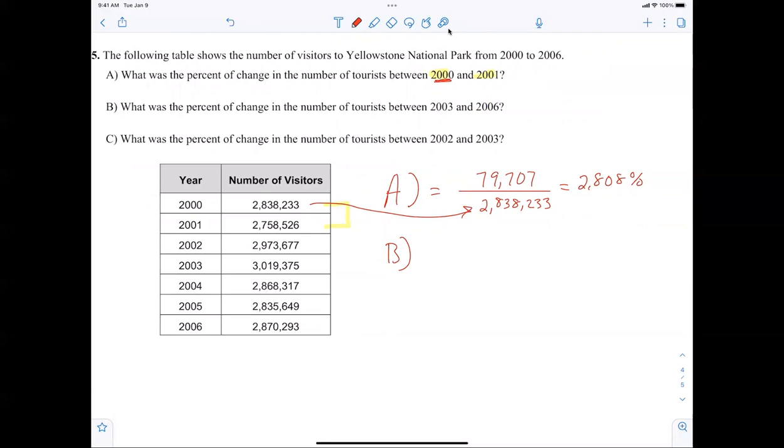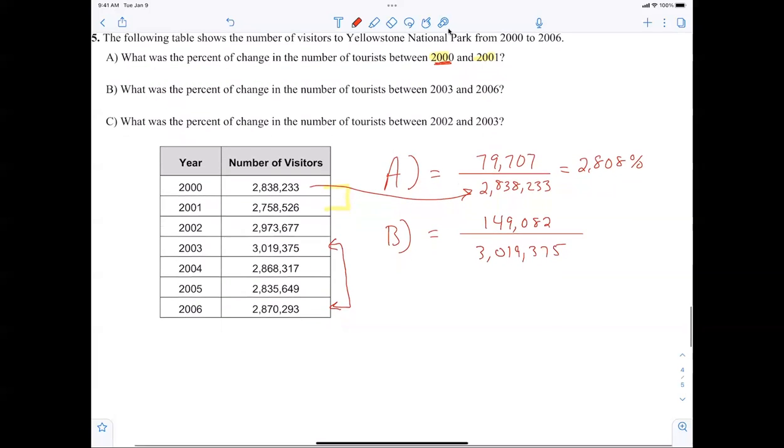2003. So the difference would be 141,082 over 2019.